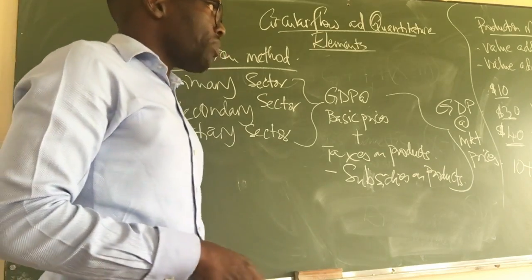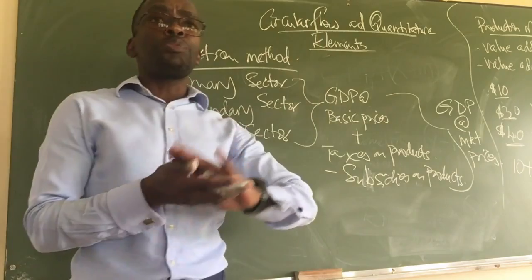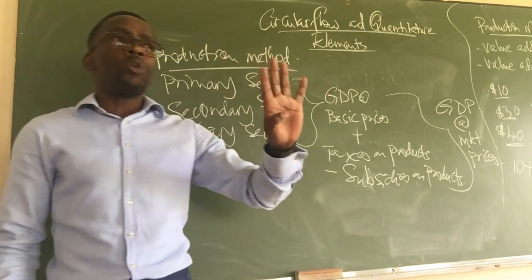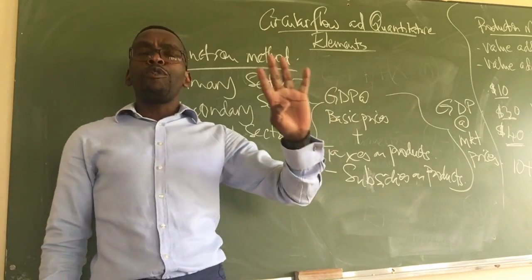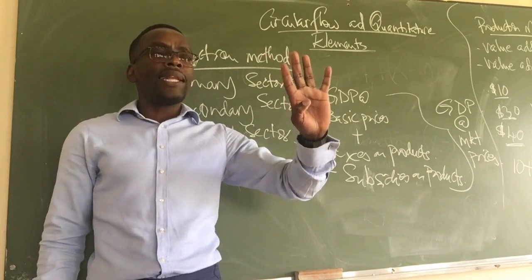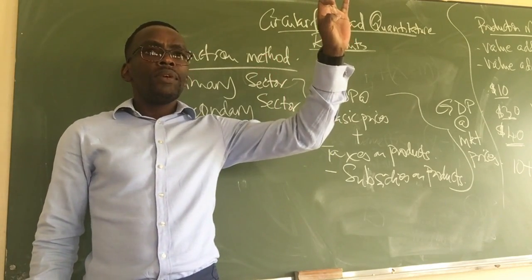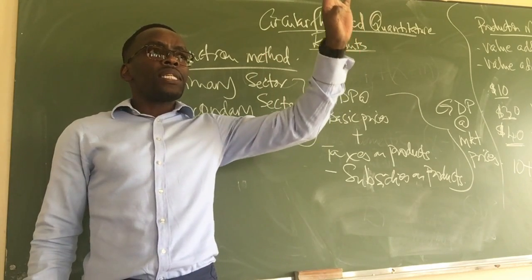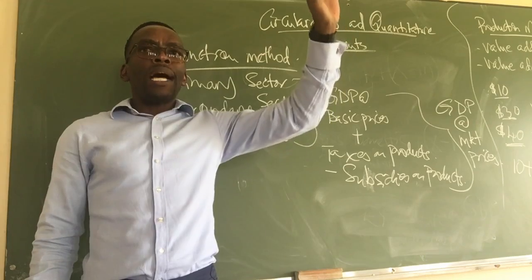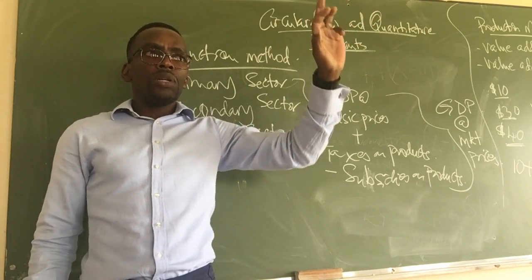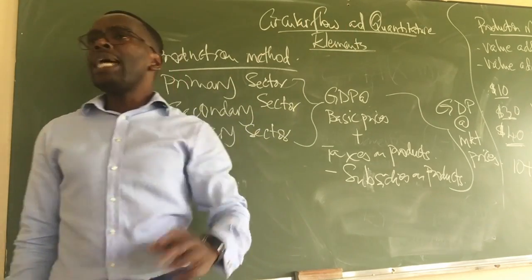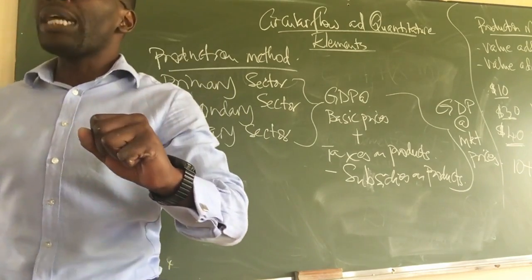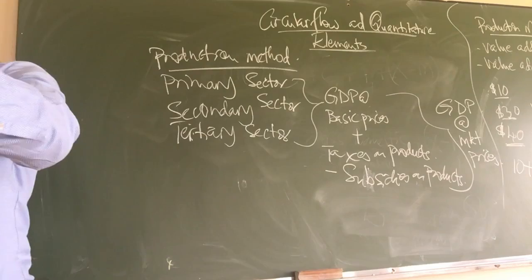We have 4 factors of production that we have looked at earlier on. Is that correct? What are the 4 factors of production? Let's name them. Natural resources, labor, capital, entrepreneurship. And all these 4 factors of production have their rewards.